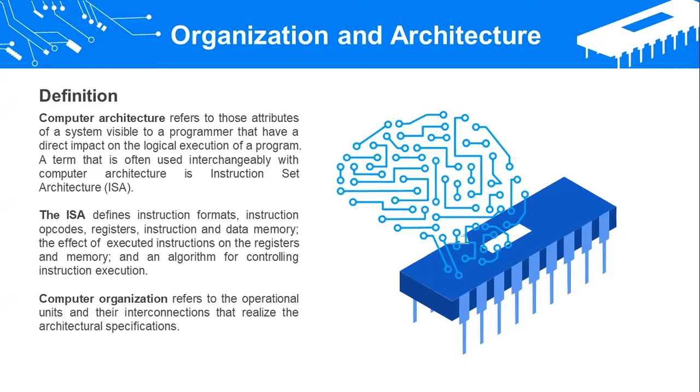The ISA defines instruction formats, instruction opcodes, registers, instruction and data memory, and the effect of executed instructions on the registers and memory, and an algorithm for controlling instruction execution. But computer organization refers to the operational units and their interconnections that realize the architectural specifications.